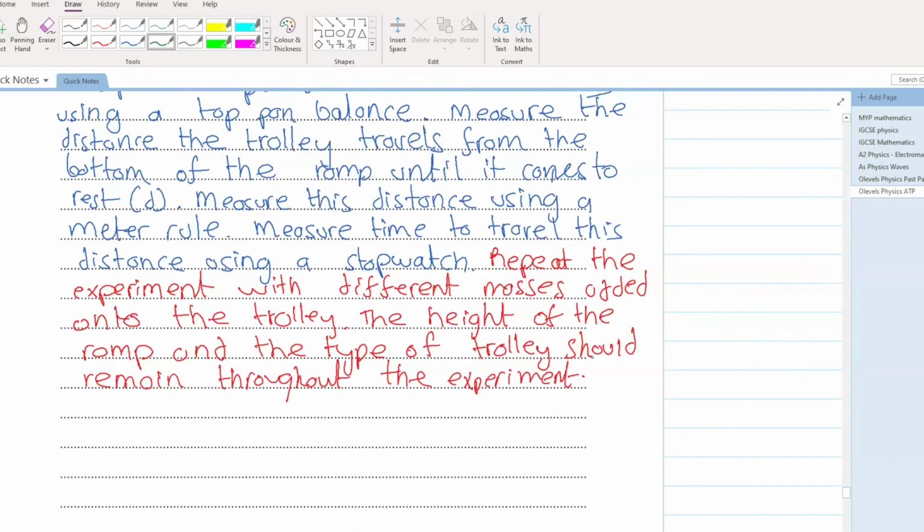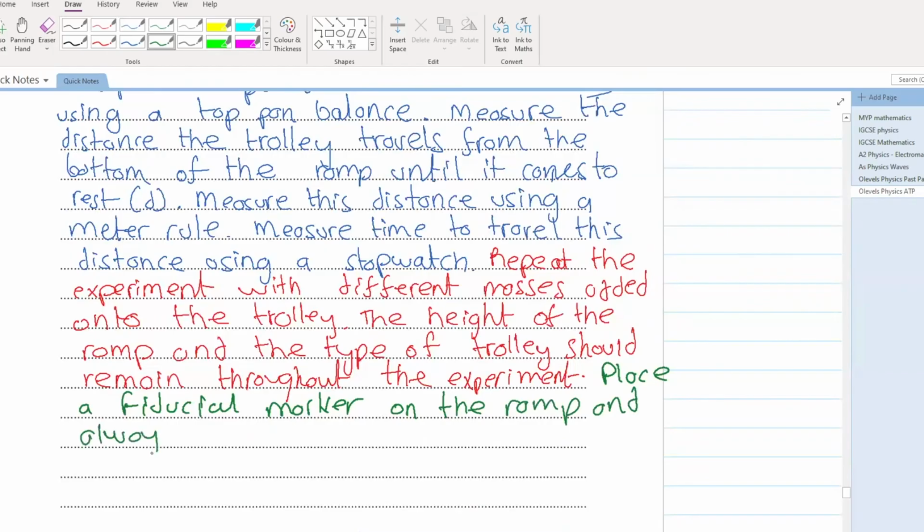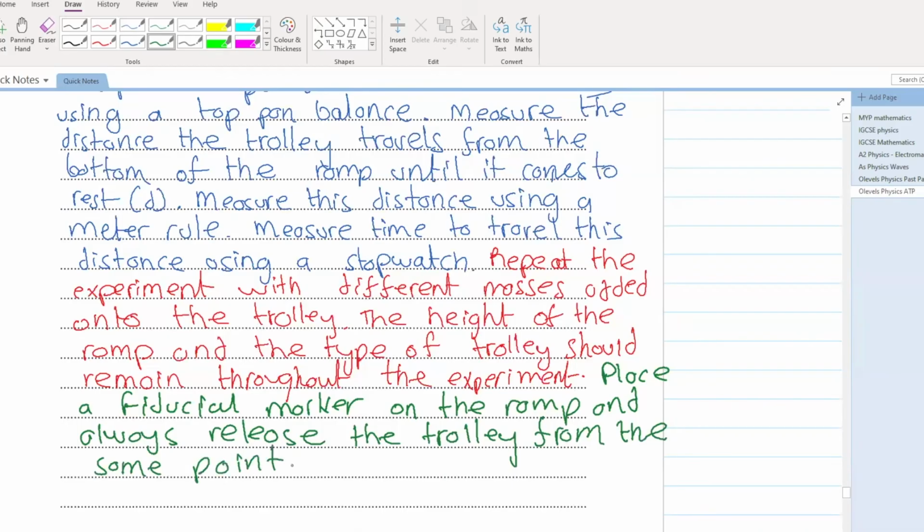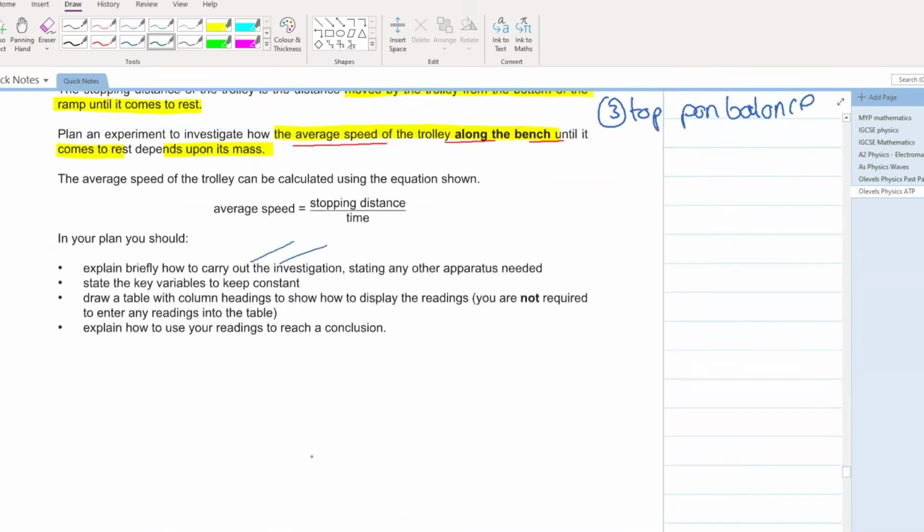You will say, place a fiducial marker on the ramp and always release the trolley from the same point. Simple. Perfect.